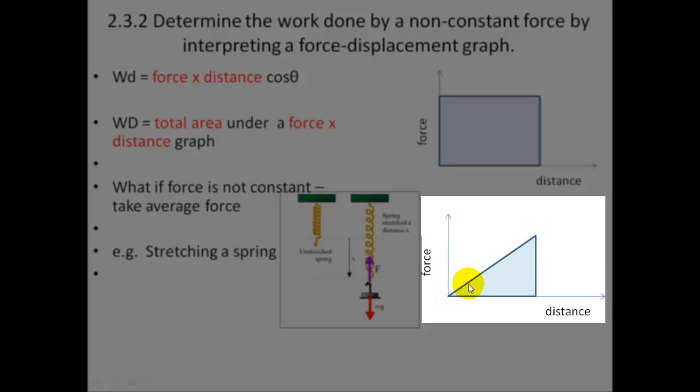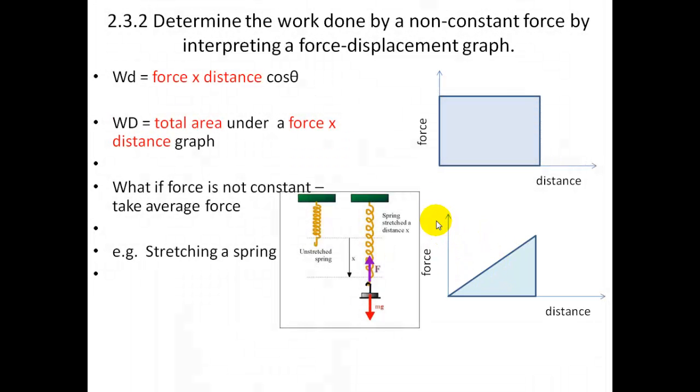But nevertheless, we need to find the area under this graph, which is the area of a triangle. Half base times by height. This is base times by height. This is half base times by height. So in other words, we can either take half the force and take that average that way, or, to be more specific, we take the area under this graph. So the work done is half the force times by the distance, or the extension.